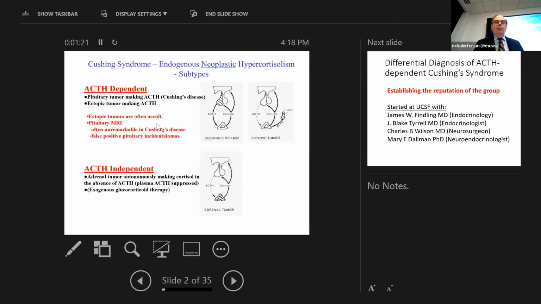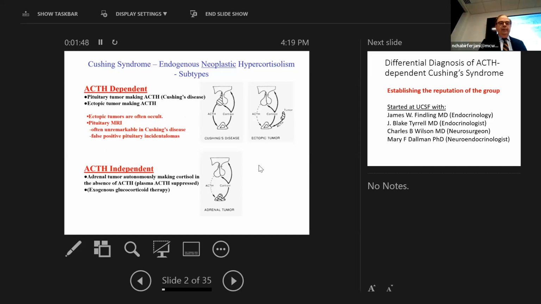These tumors are often not radiologically present. And now that we have more sophisticated pituitary imaging than we did back in the 70s, when we didn't have any, we found out that they're often still unremarkable in Cushing's disease because the tumors are so small. And many patients who don't have Cushing's disease at all have small incidental pituitary microadenomas.